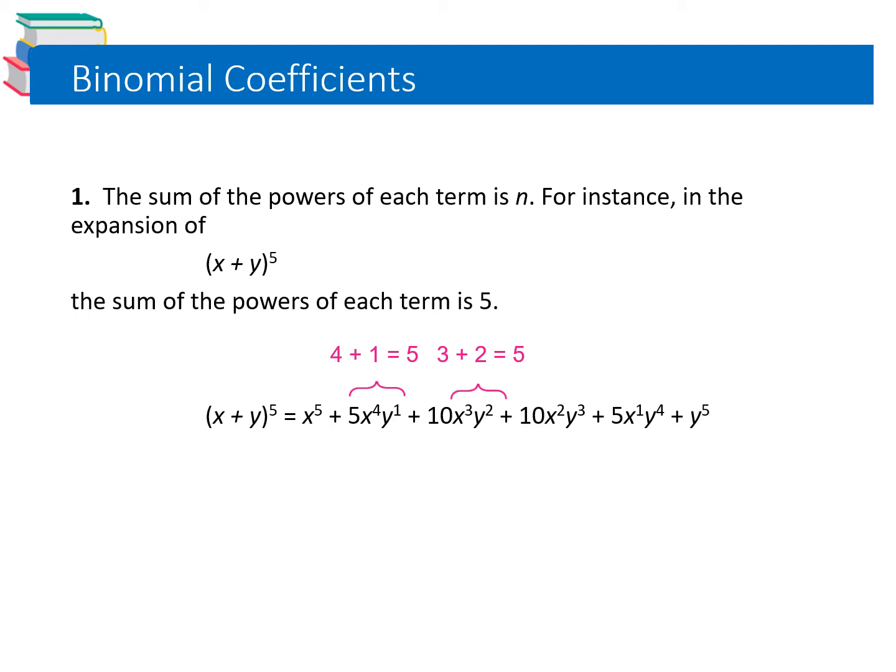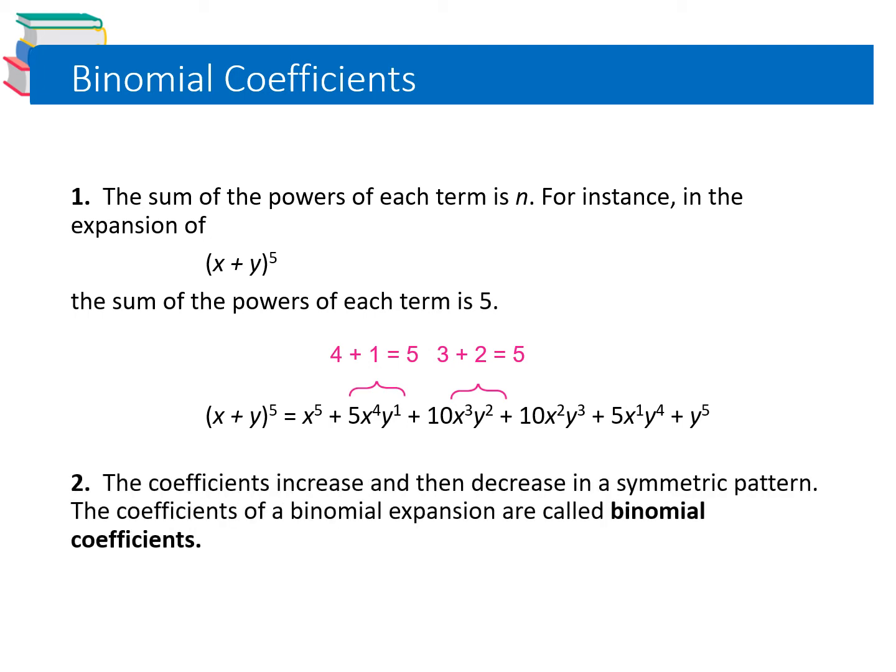So, same lang yan. The coefficients increase and then decrease in a symmetrical pattern. Yan din yung sinabi ko kanina. So, the coefficients of a binomial expansion are called binomial coefficients.